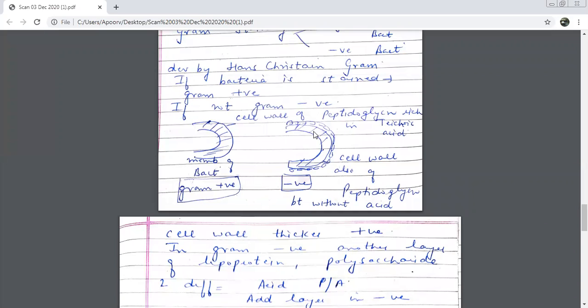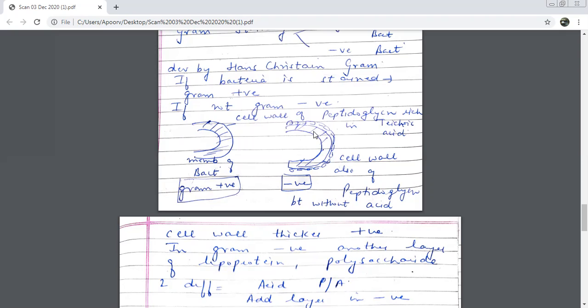When I talk about the cell wall of both gram positive and gram negative, both of them are made up of peptidoglycan. In the first one, gram positive, peptidoglycan is also rich in teichoic acid. Name the acid.